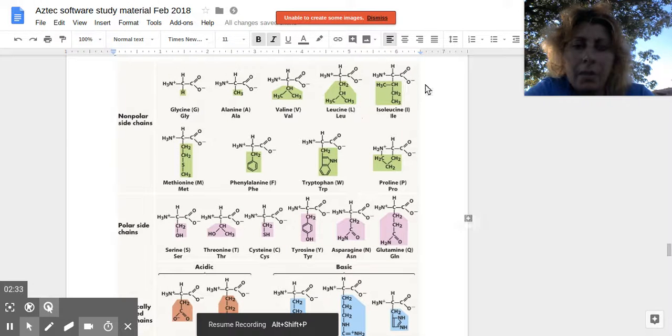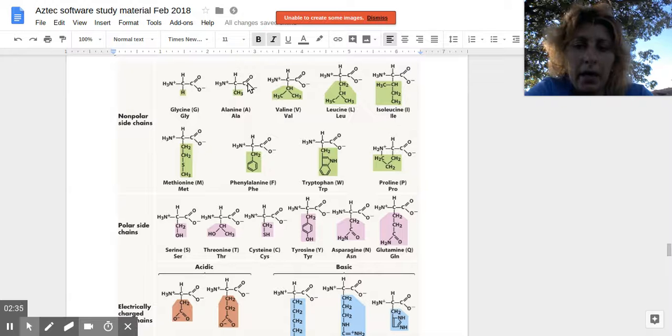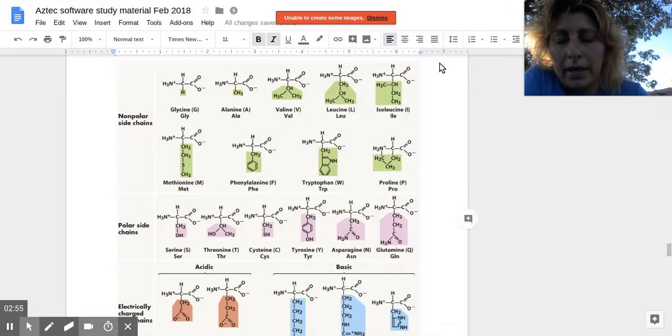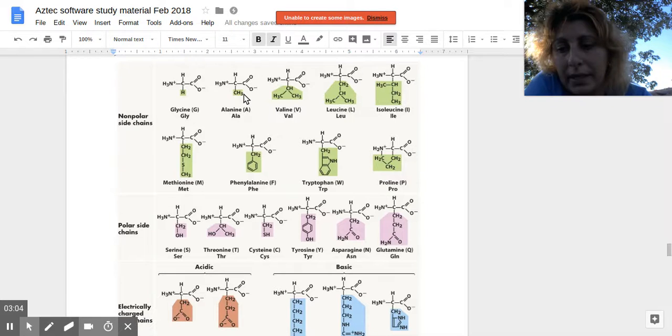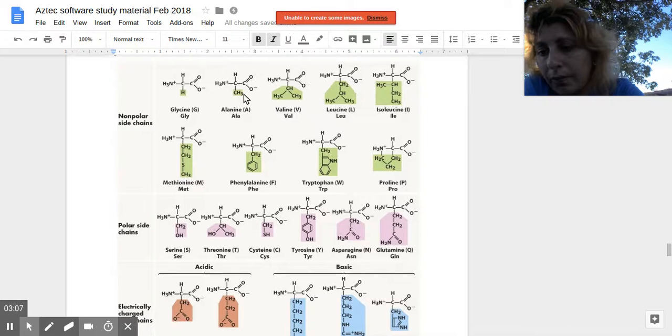All the amino acids have a basic part: two carbons and an NH3, hydrogen, a double bound oxygen, and a single bound oxygen. That is the basic part of all amino acids that is in common, and the different unique parts highlighted here make the amino acids different from one another.